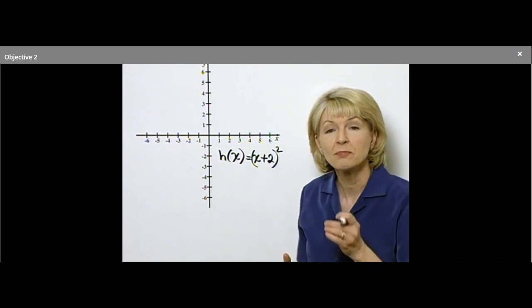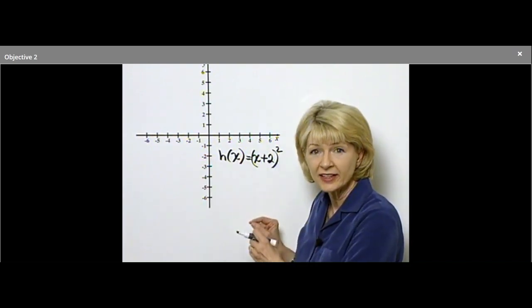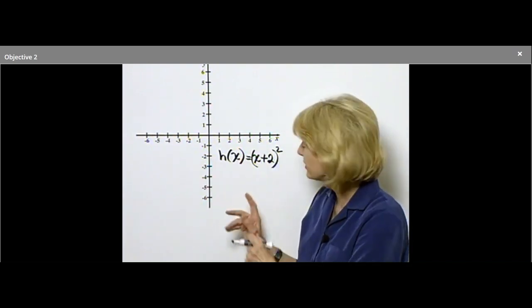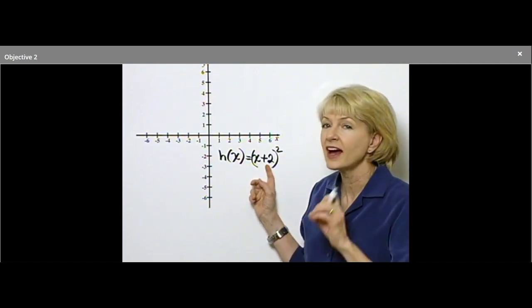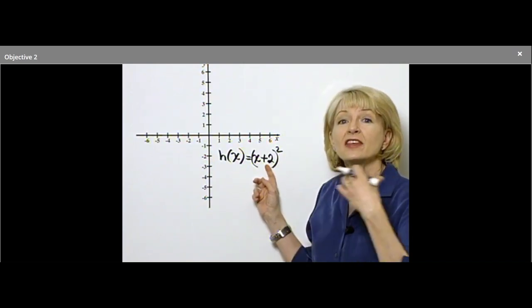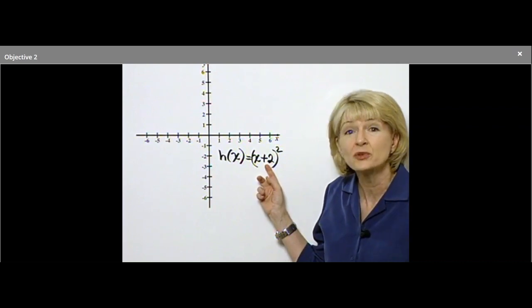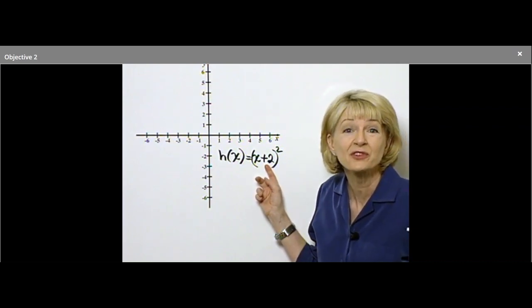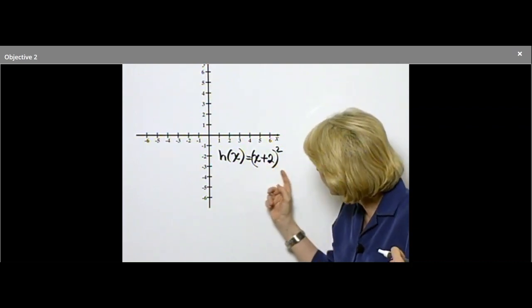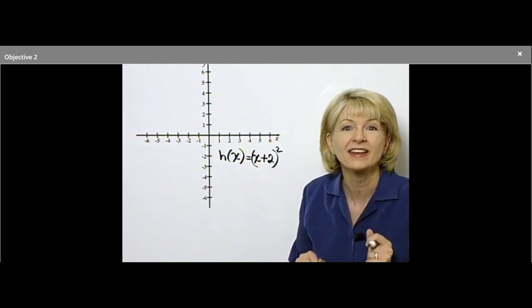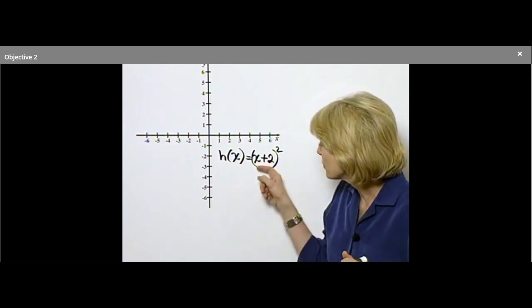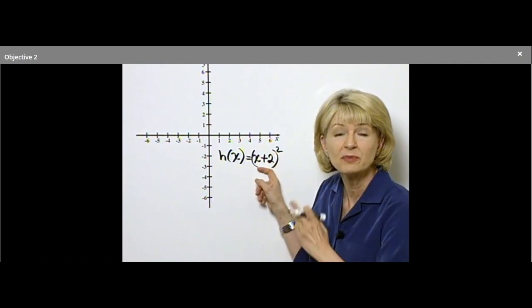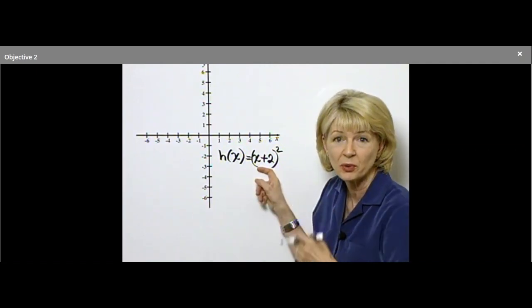Keep these things in mind so you'll be able to recognize what type of movement. Notice here, this is not x squared and then plus 2. The plus 2 is not tacked on after the squared variable. Here, it's part of what is being squared. So this does represent a movement to the left or to the right.